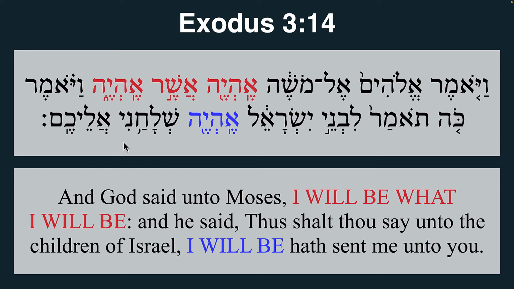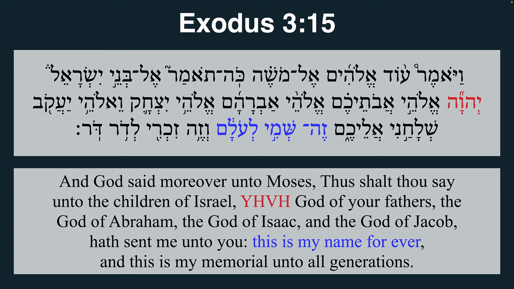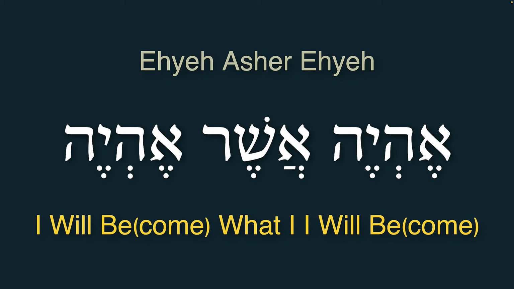And then he goes on to say, Adonai, YHWH, the God of your fathers, the God of Abraham, Isaac, and Jacob, he has sent me to you. This is my name forever. Ze Shemi Le'olam. This, YHWH, is my name. And so the name YHWH and Ehye Asher Ehye are related. Ehye Asher Ehye means I will become what I will become.